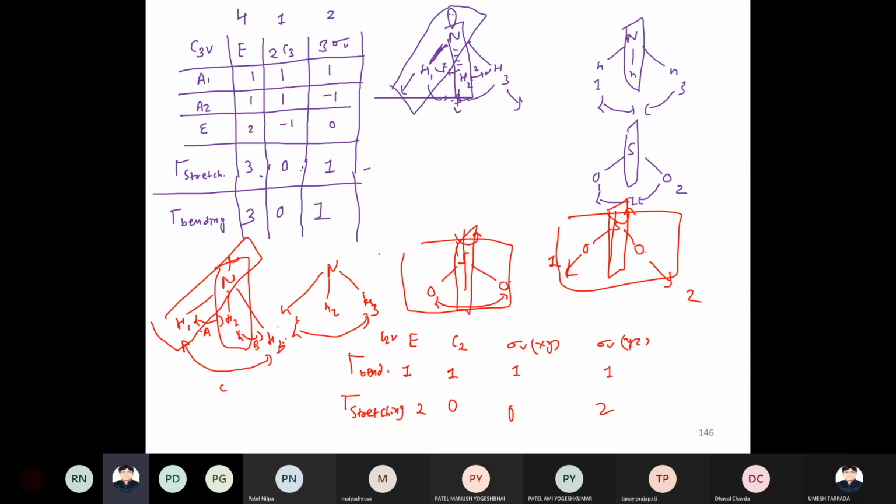Now the next very important concept is direct product. How to recognize direct product?